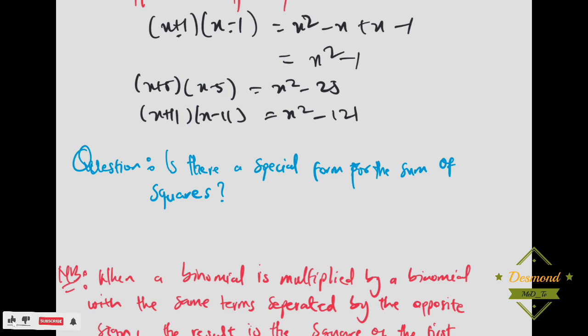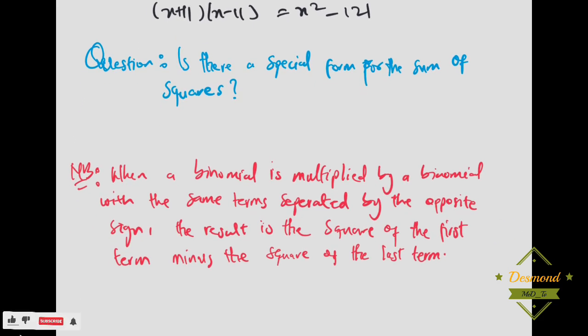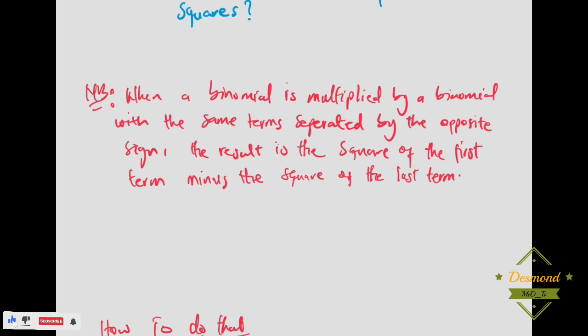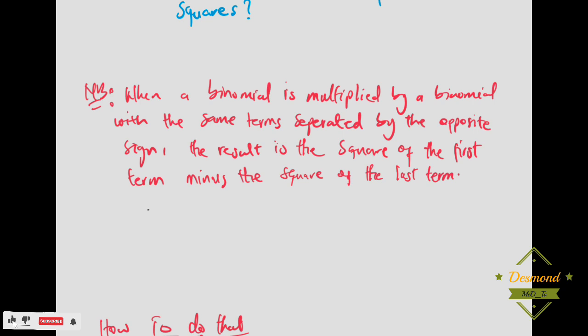So let's note this. When a binomial is multiplied by a binomial with the same terms separated by the opposite sign, the result is the square of the first term minus the square of the last term. What do we mean by this? Let's say we have a plus b and a minus b multiplying each other, right?